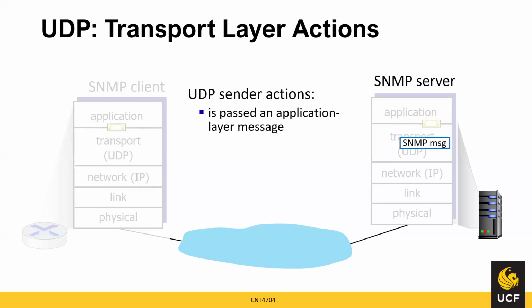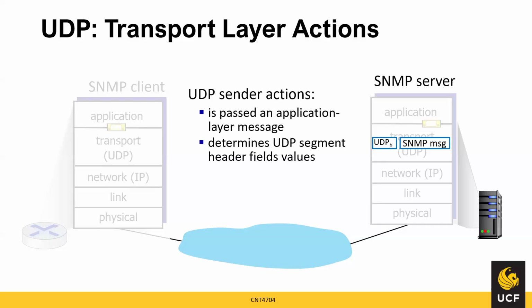So the first thing is that it starts from the application layer. And in this case, this is a request that is being requested. And then we would send it to the transport layer. So next, UDP as a segment would determine the values for the headers, which are the source port, destination port, length, and checksum.